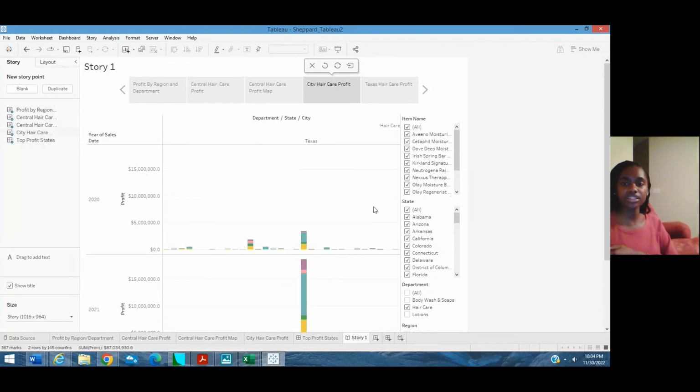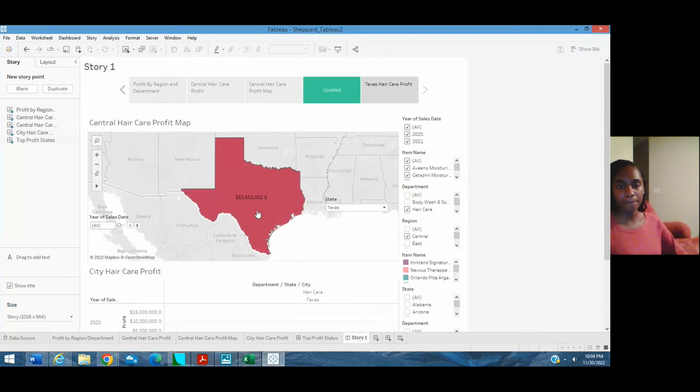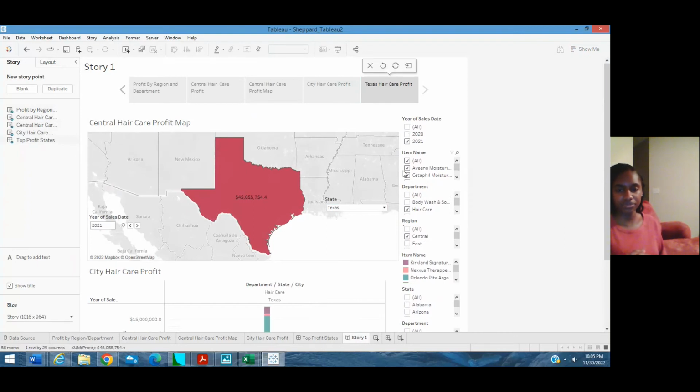So I decided in my story to really look at the central hair care profit map and the city hair care profit within the state of Texas. So overall, but specifically in 2021, because that is when profits grew significantly in that state.